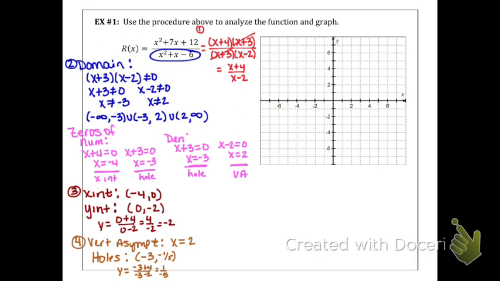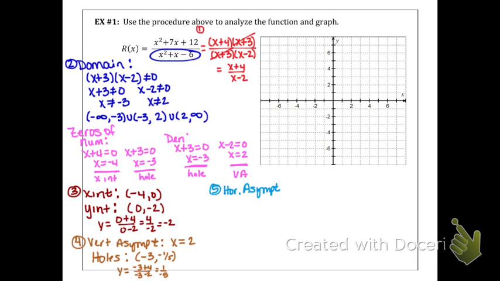See, step 5 says horizontal and oblique asymptotes. All right, so horizontal asymptote, remember, is where's your highest degree, top, bottom, or both.